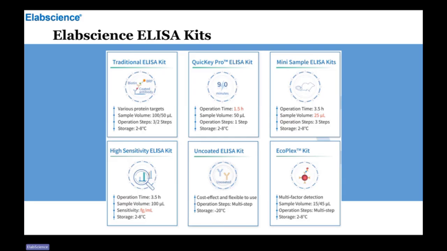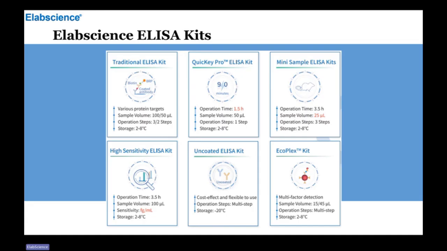The fifth one is the uncoated ELISA. It is a very cost-effective method and flexible to use, because all of the other ELISA kits are pre-coated kits. But this ELISA kit is uncoated. So the customer has to coat these ELISA kits by themselves.